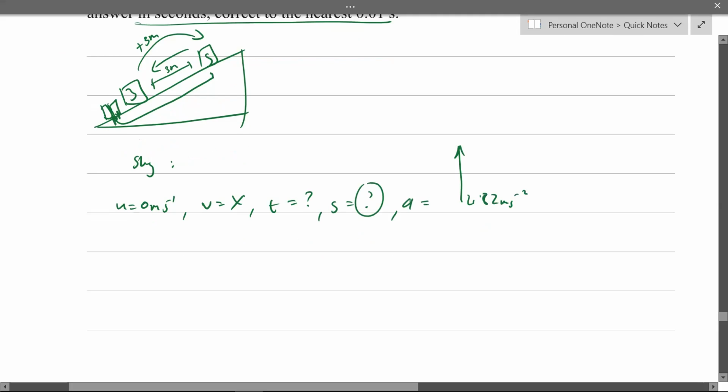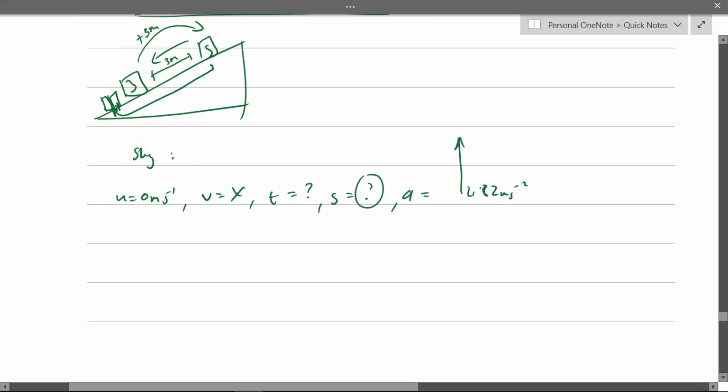So what we're trying to do is equate the two distances of the blocks together. We don't need to do anything to the 5 kilogram block, so I'll just write displacement is ut plus half at squared. That's the equation without v in it, so u is 0, so I'll just exclude that. Half at squared, but a is 4.82, so that's for the 5 kilogram block.